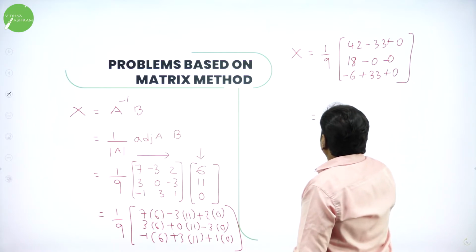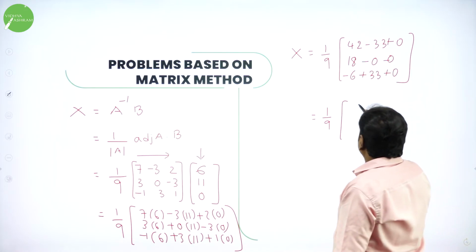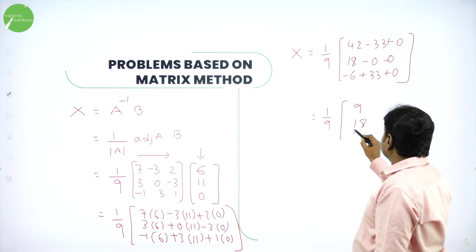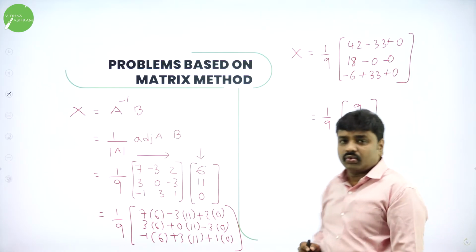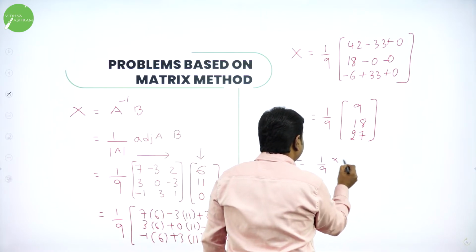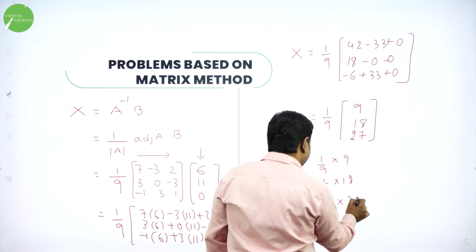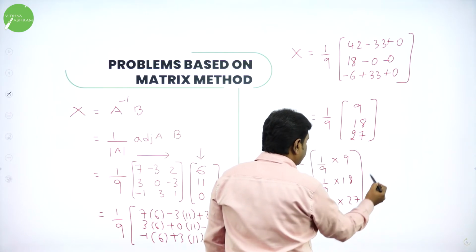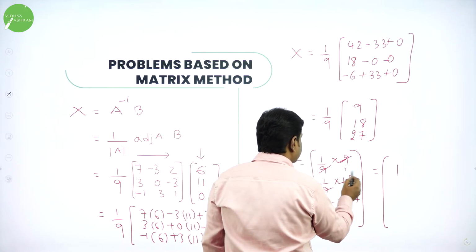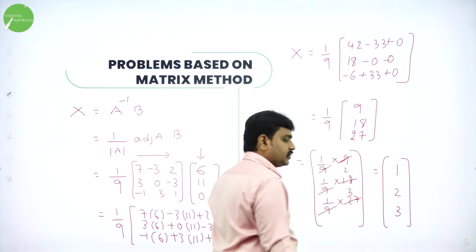Simplify this. 1 by 9 into 42 minus 33 gives you 9. 18 minus 0 gives you 18. 33 minus 6 gives you 27. Now take 1 by 9 inside, scalar multiplication: 1 by 9 into 9, 1 by 9 into 18, 1 by 9 into 27. The 9s cancel: 9 1s are 9, 9 2s are 18, 9 3s are 27. So 1 2 3. So you got the X value.